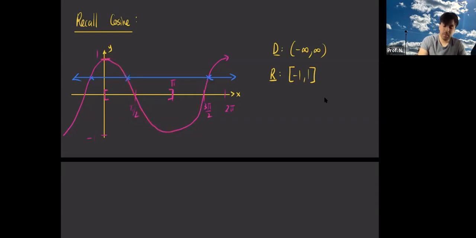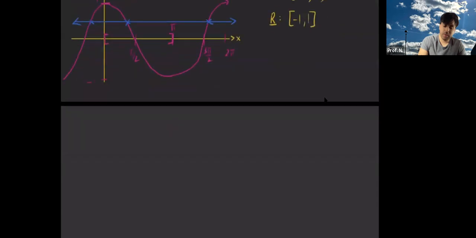So I'm going to restrict my domain. We have to restrict the domain. So my new domain is going to be from 0 to pi instead. My range stays the same, negative 1 to 1.